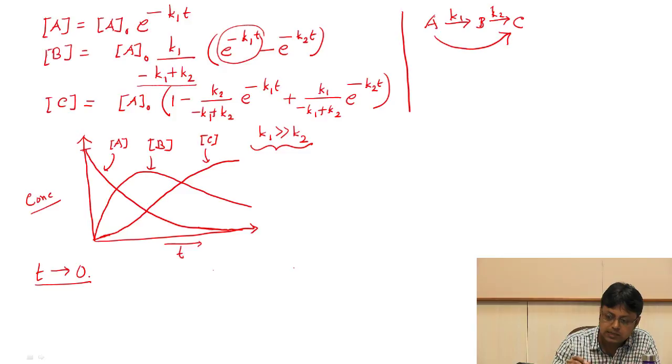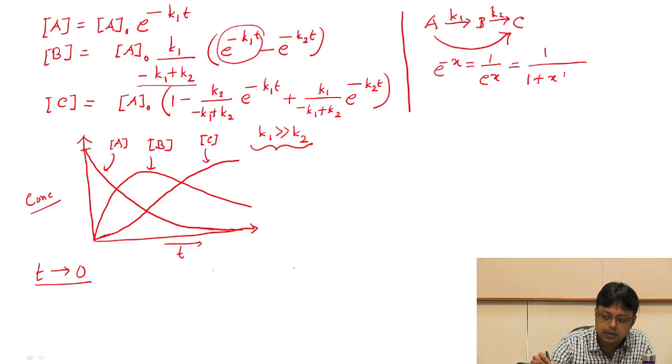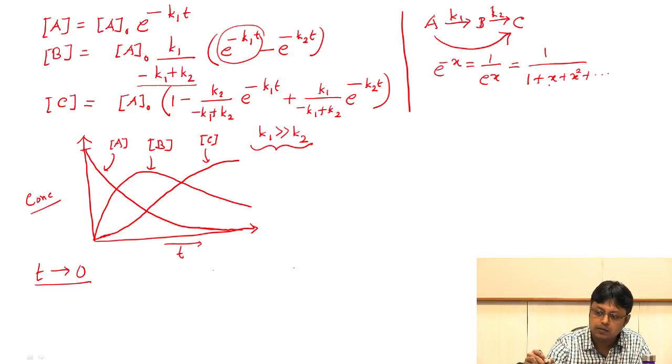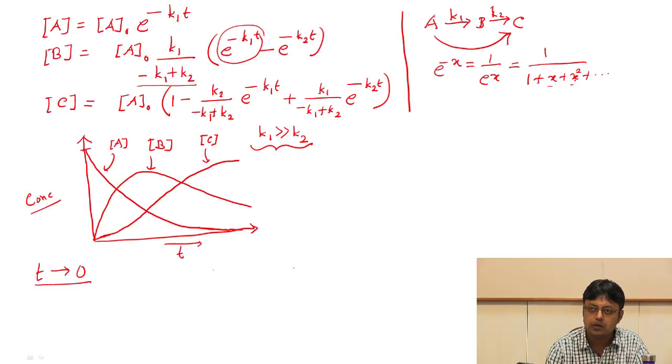Remember that all these exponential terms, you can write e to the power minus x as 1 by e to the power x, which is 1 by 1 plus x plus x square and so on. Now if x and x square and all these terms are very small, then you can ignore them with respect to 1, and write it equal to 1, if of course x is much less than 1.